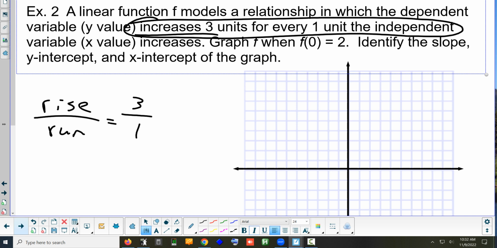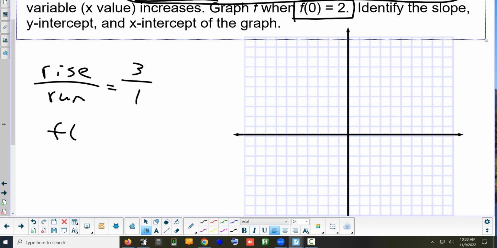But what did we need in the last problem before we had the slope? We needed something else. Yeah? You have to have the y-intercept. And that is what that's telling you. When you see something like this, it's called function notation.